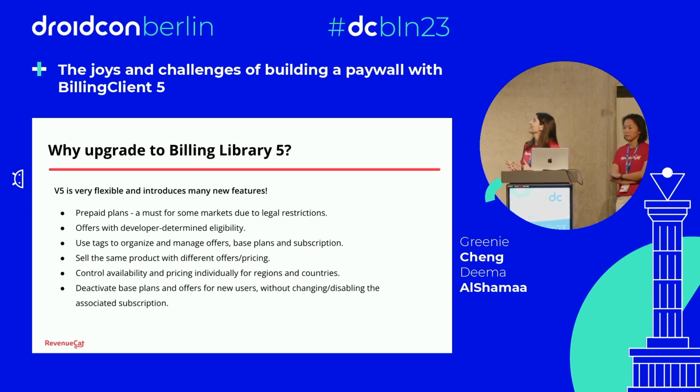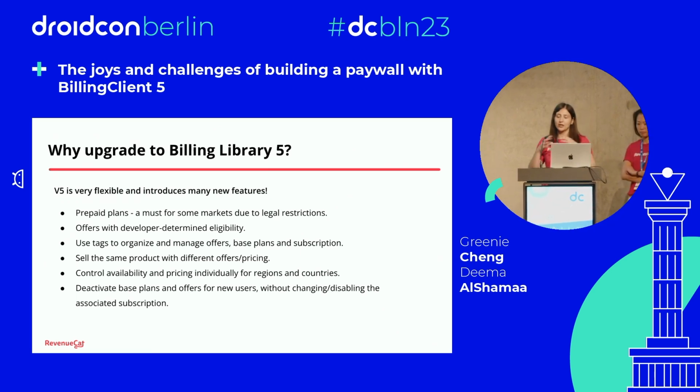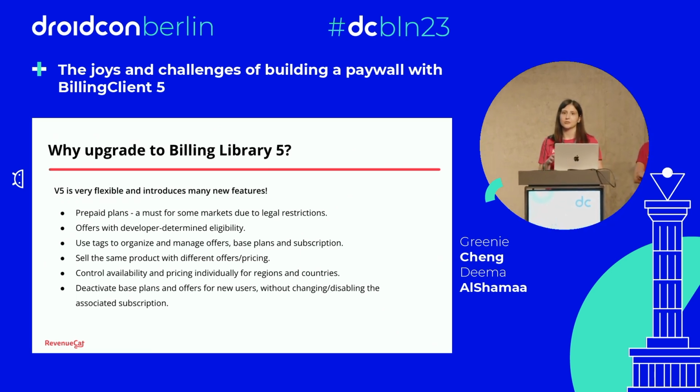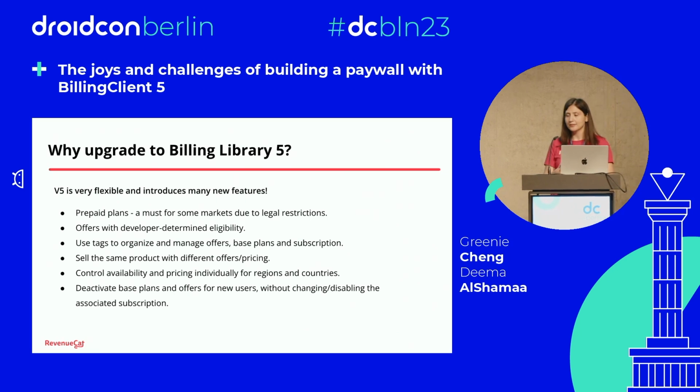Another really cool thing is offers that you determine. Basically, in your app code, you determine whether or not you're going to give this offer. In the past, Google would make that determination on your behalf, and it would return the offer or not return it. But now you can have offers where you make the decision yourself.